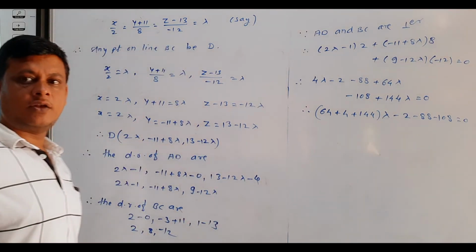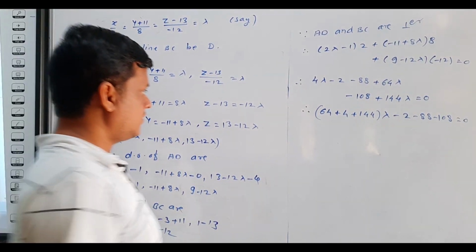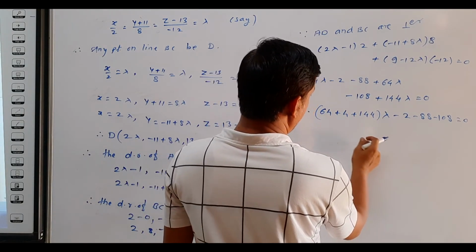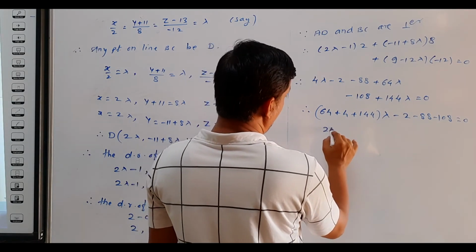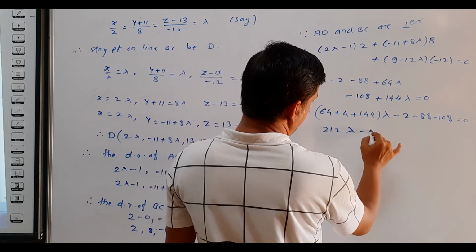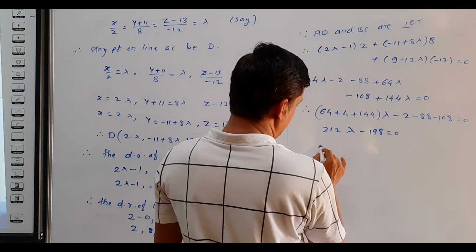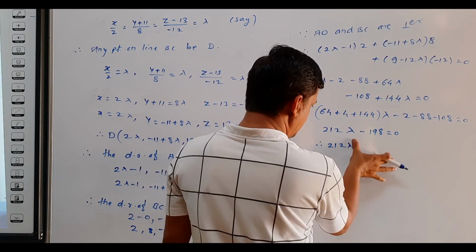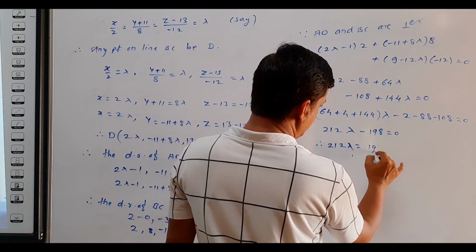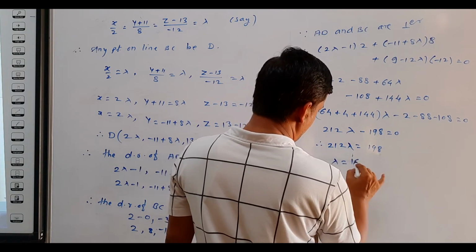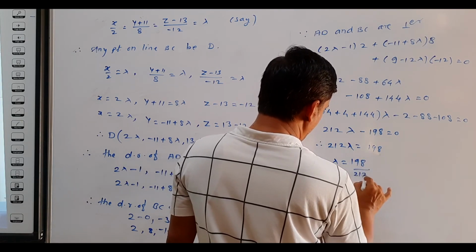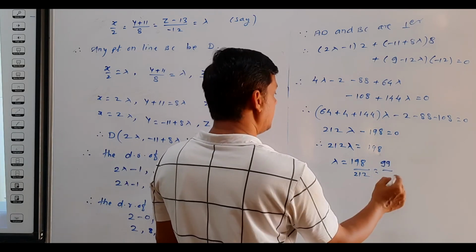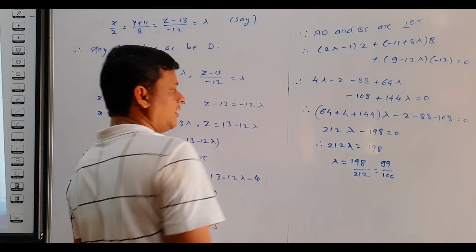So we add these three and get 212 lambda minus 198 is equal to 0. Therefore 212 lambda is equal to 198, so lambda is equal to 198 upon 212. We can divide this by 2, so we get 99 upon 106. Now this is the value of lambda.